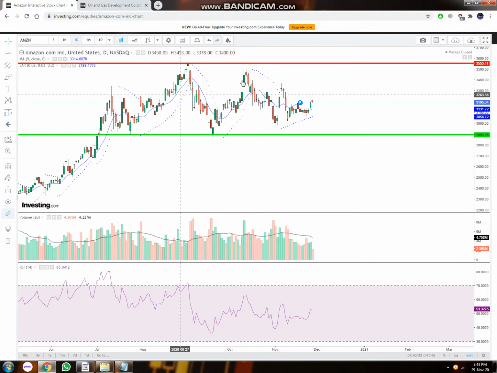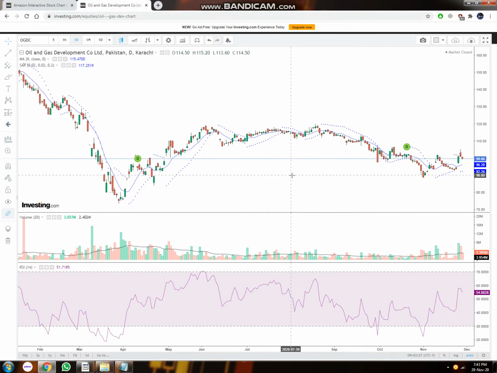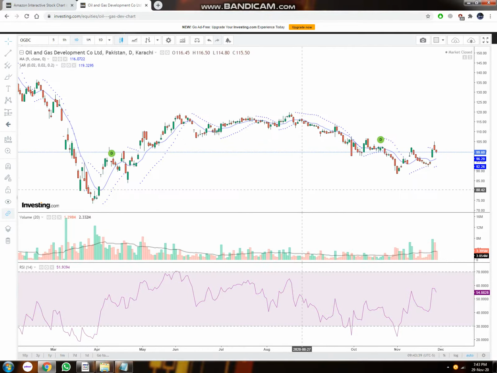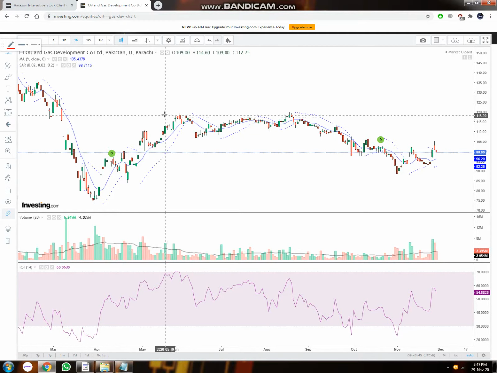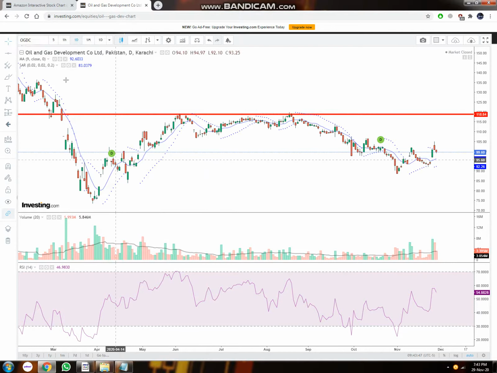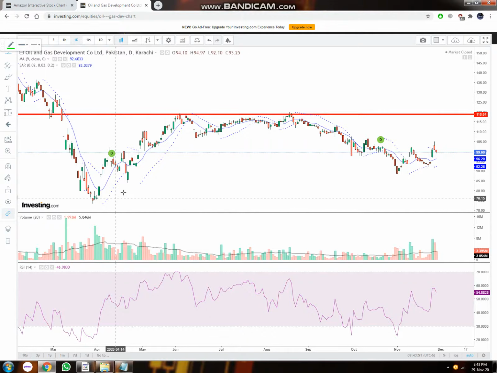Let's move on to the other chart. Now you can see here it's a side trend and also a downtrend. Let me pull up this line here and another one right here.